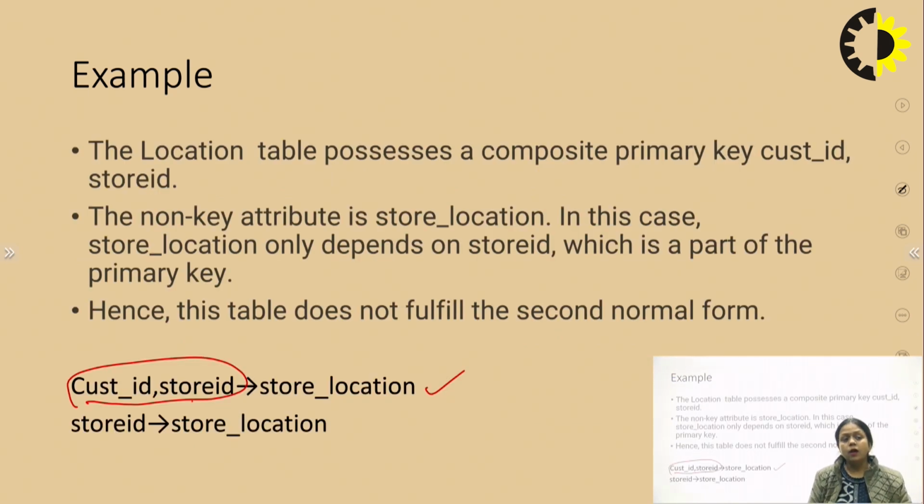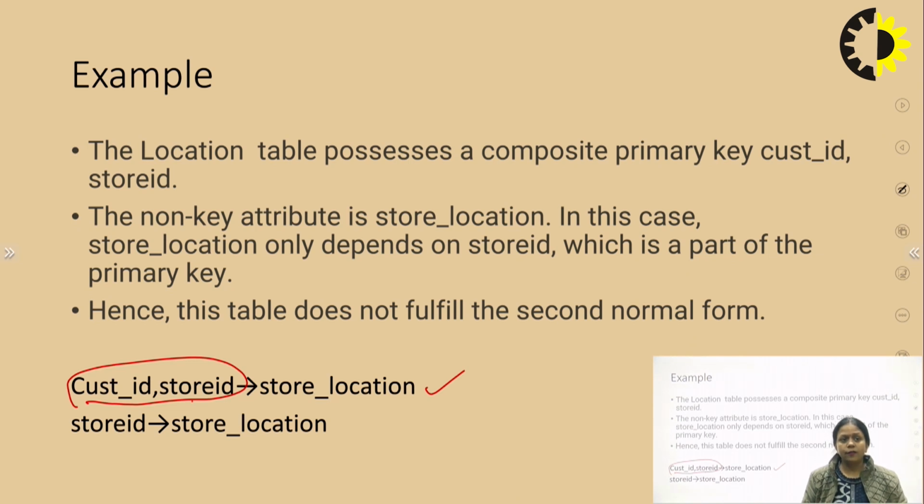Fine. Now, how do we remove this partial dependency? In normalization, when we want to convert a particular table into a particular normal form, we have to use the decomposition rule. So we have to decompose the tables for normal forms.